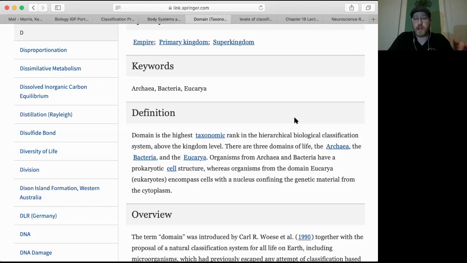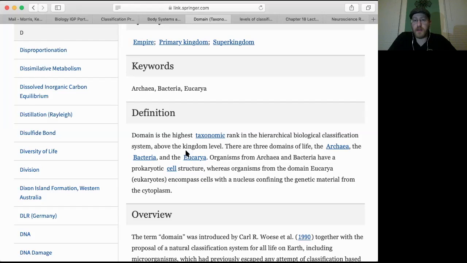Organisms from the domain eukarya, or eukaryotes, have cells with a nucleus confining the genetic material from the cytoplasm. So in other words, is it a simple organism or a complex organism? The ones we're going to be doing are probably going to be complex, so 9 times out of 10, the ones you choose will be in the domain eukarya. But what is that, right?